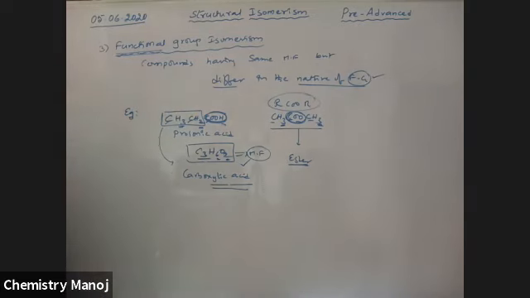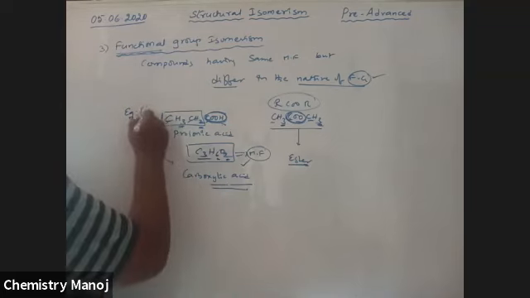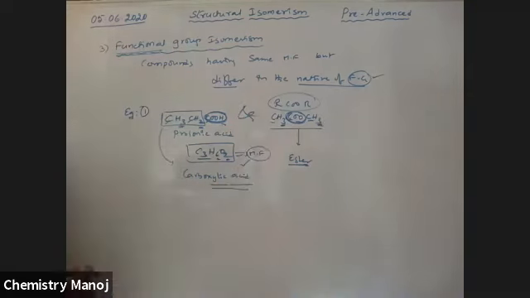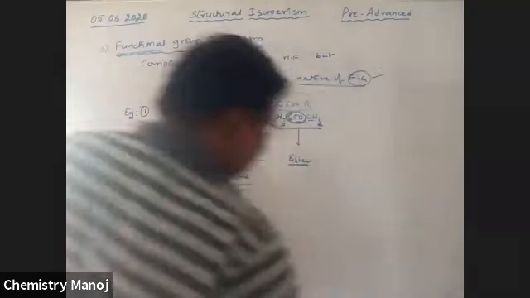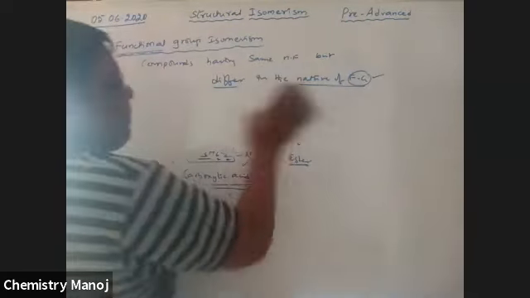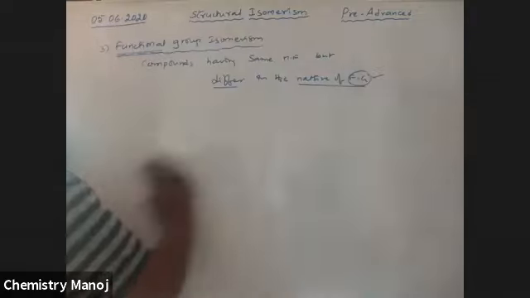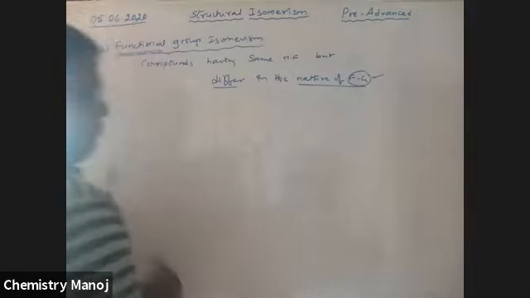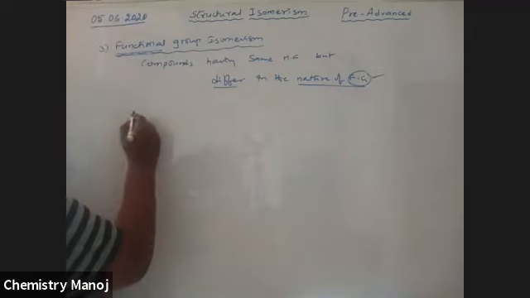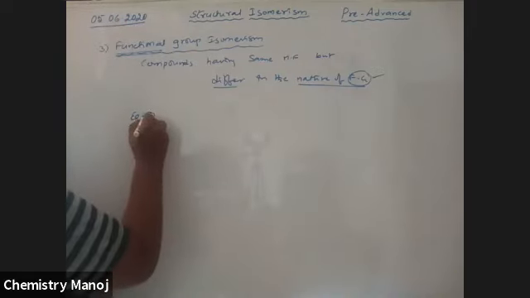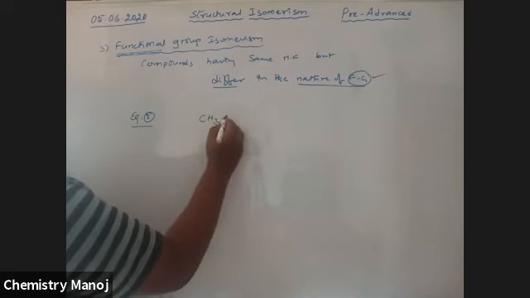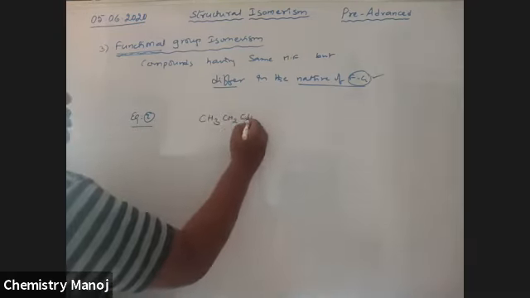Now I am taking one more example. That is example 1, these two are functional isomers. Now example 2. CH3CH2CHO.